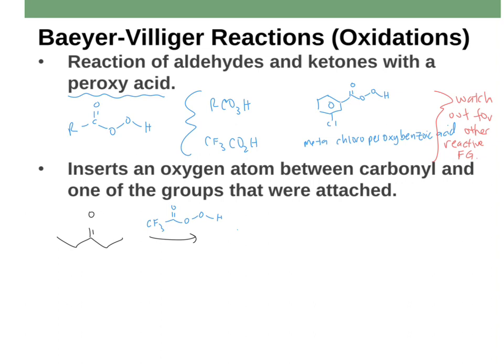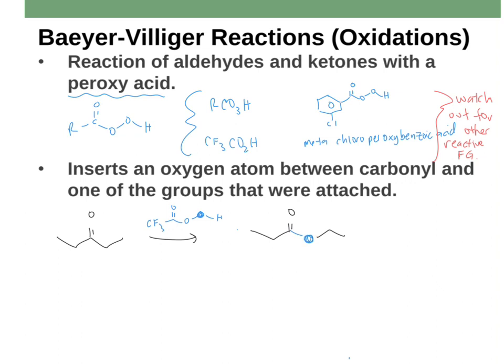Now, what I mean by insert is that you're literally just going to have your molecule the way it was, only now in between the carbonyl and one of the groups, there's going to be an O. And then the rest of the thing. So then I'll draw my other 2 carbons, right? So I had my original 2 carbons there. This was a diethyl ketone. So I have an ethyl still attached to the carbonyl, but now an ethyl attached to the O. So I inserted the O. So this O right here is now this O right here.